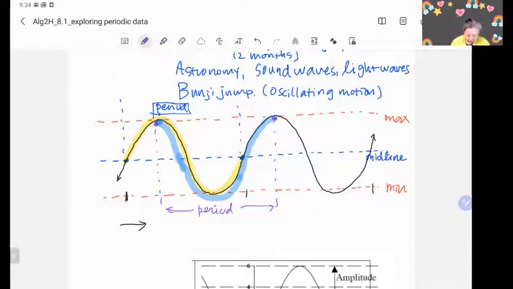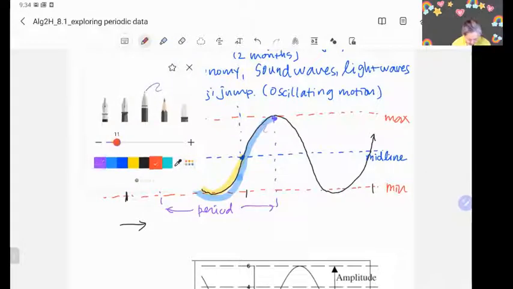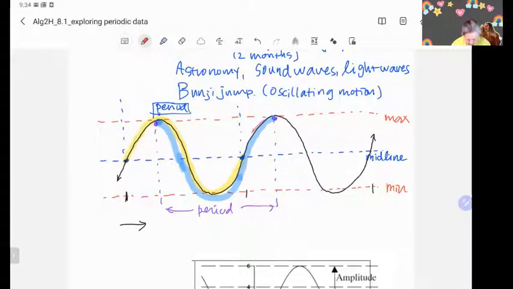We could even pick the middle of here and go until the middle of there, and that's totally fine too. Since this is exactly the same repetition, whenever you focus on getting the period, you end up with the same period. That's how we define the period.